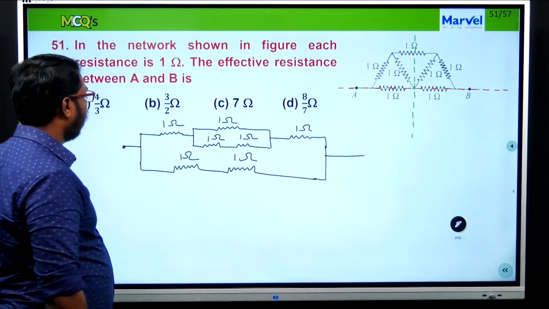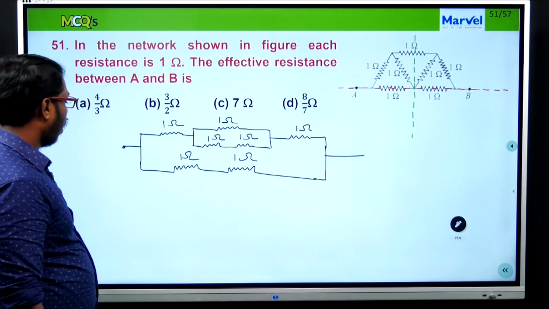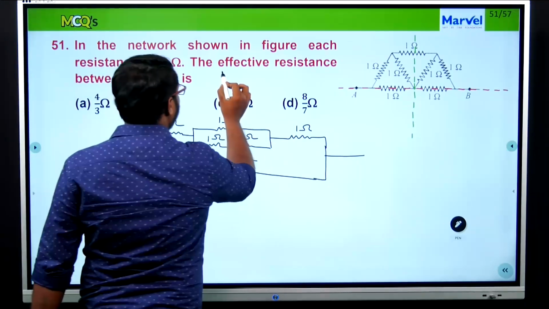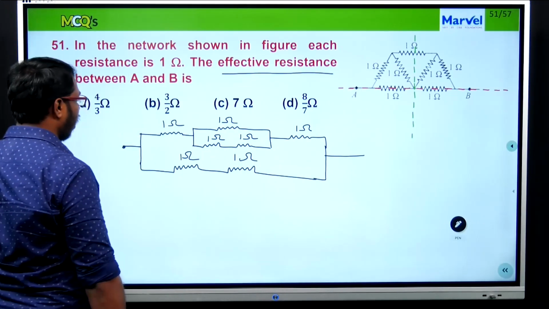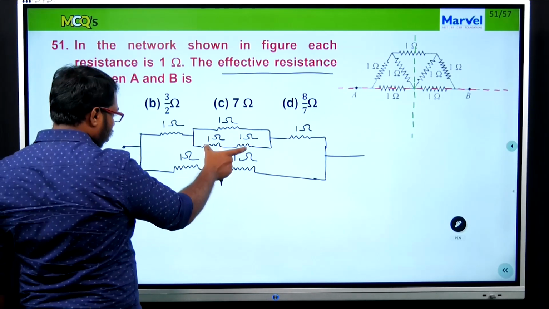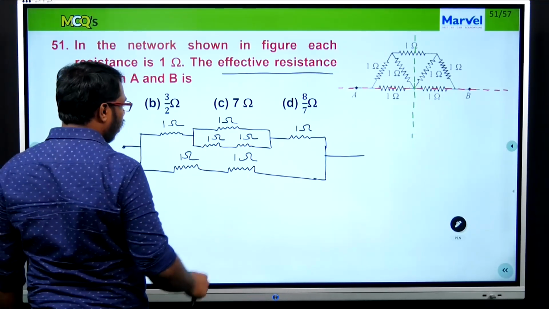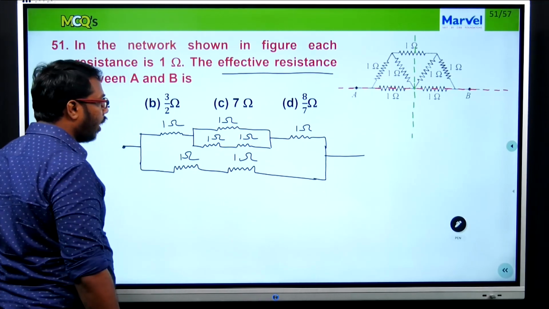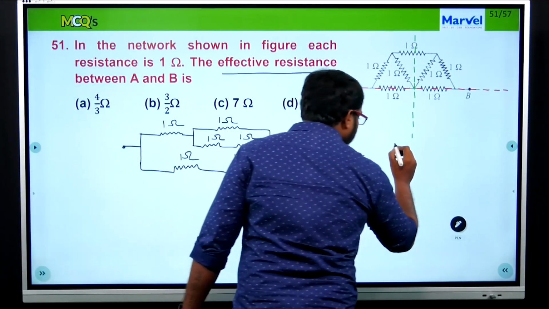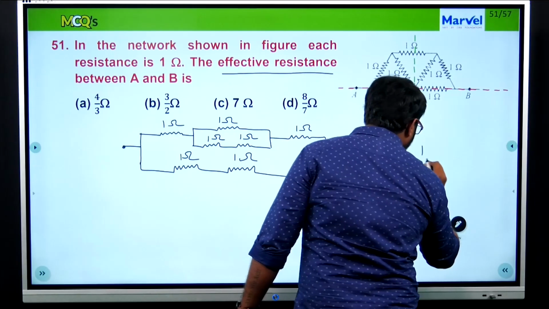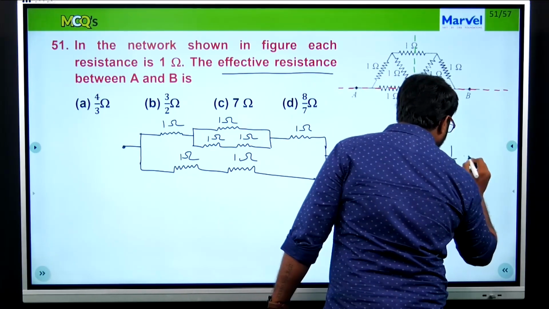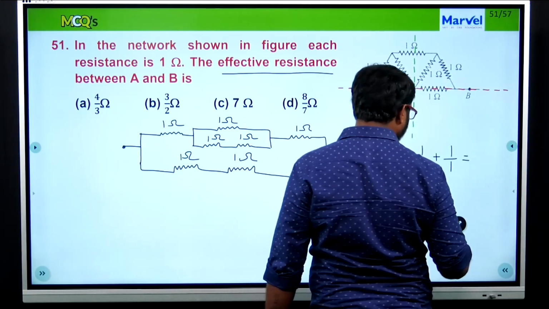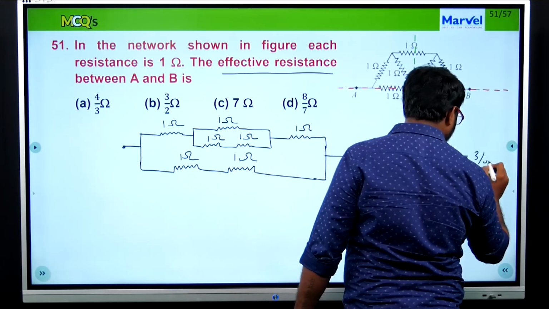Now we are going to find the effective resistance between A and B. So this is 1 plus 1, 2. Now 1 and 2 are in parallel. So 1 by R is equal to 1 and 1 by 2, which is 3 by 2.